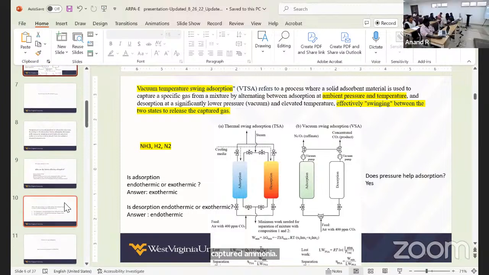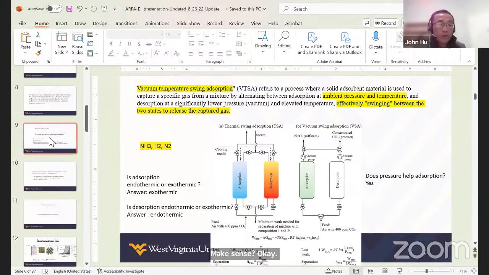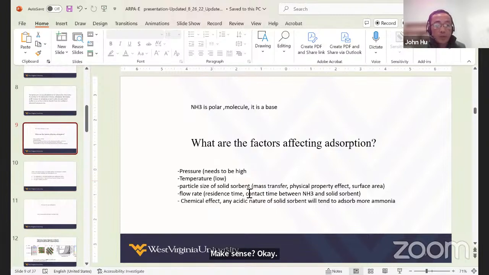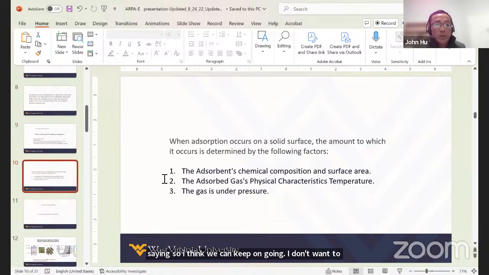Okay. Yes. All right. If you understand what I'm saying, I think we can keep on going. I don't want to just keep on, because there are so many things you can list. So I have 3 top answers here: the adsorption chemical composition, the solvent chemical composition, and the surface area.